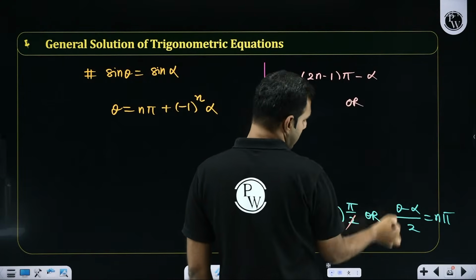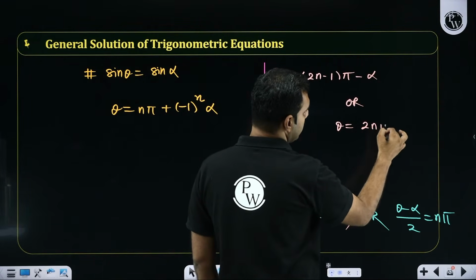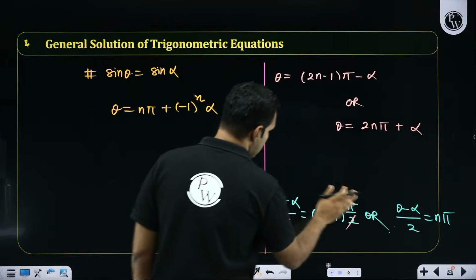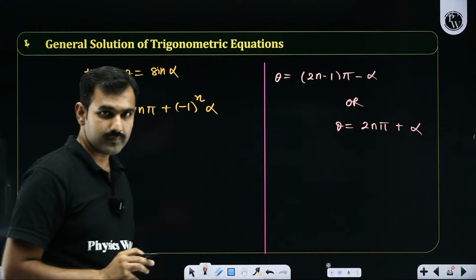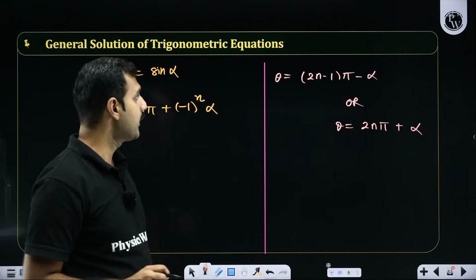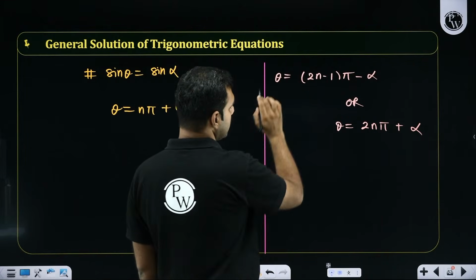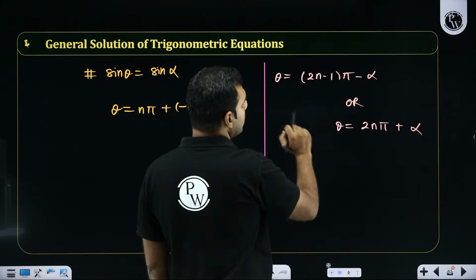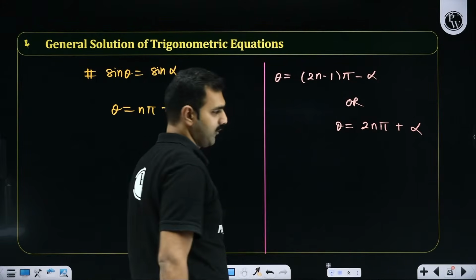But here, theta will be 2n pi plus alpha. So I have reached a conclusion, sir, that theta will be odd multiple of pi minus alpha or even multiple of pi plus alpha.